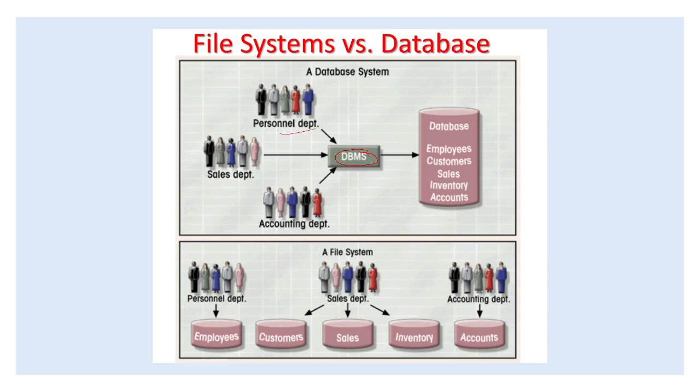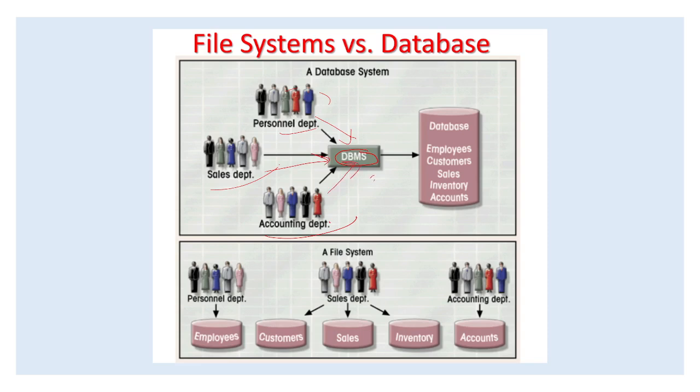Like you have the personnel department, sales department, accounting department, all of them doing their individual jobs, but they are all connected with one database management system. So whatever information they are generating is stored in this database management system.